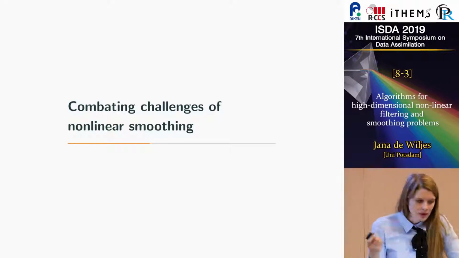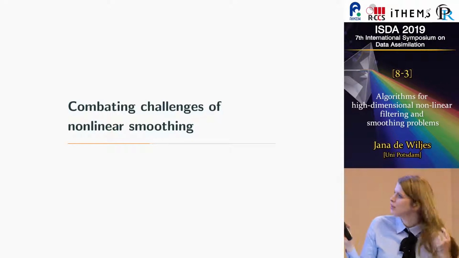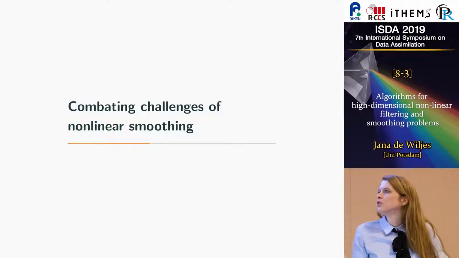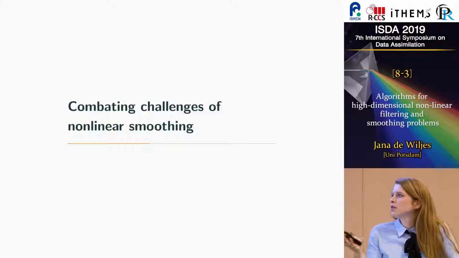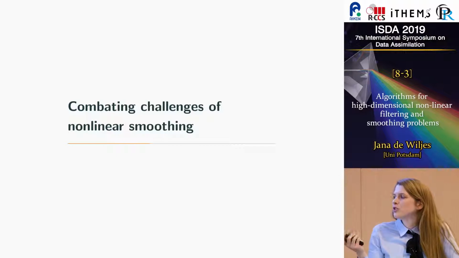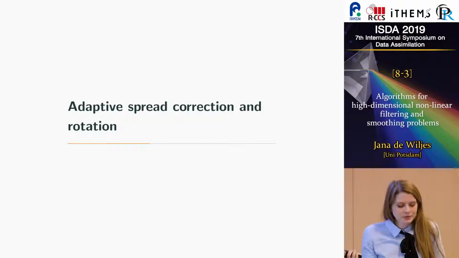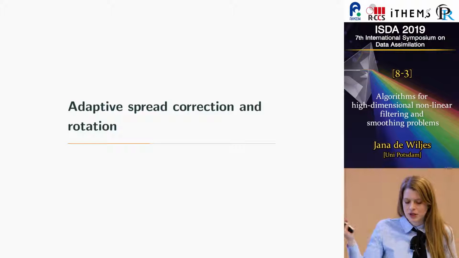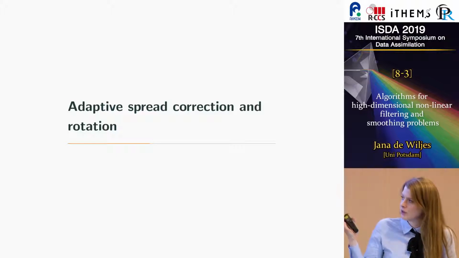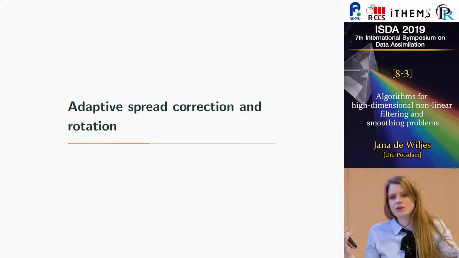So now, in this class, I need to look into classical tools that are typically used to combat the challenges one is facing in the context of nonlinear and high-dimensional filtering. The first thing I want to look at is, because also for this discrete approximation of the ETPF, and it's also a problem in the Ensemble Kalman filter, you're always underestimating the spread.